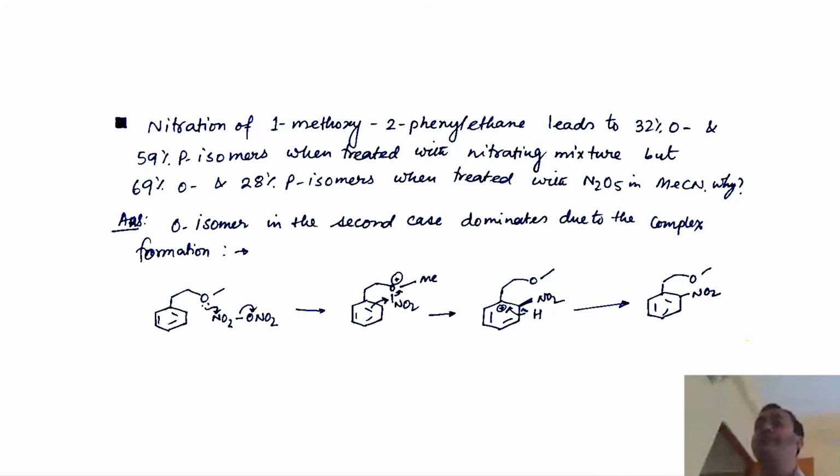So like a kind of cyclic intermediate, and this NO2 is available close to this ortho position, and that is why the ortho product amount, or the ortho-para product ratio, increases in this case. Okay. So basically, as I said, you are channelizing or forcing the reaction to happen at the ortho position. Okay.